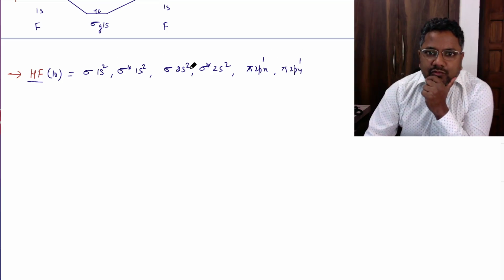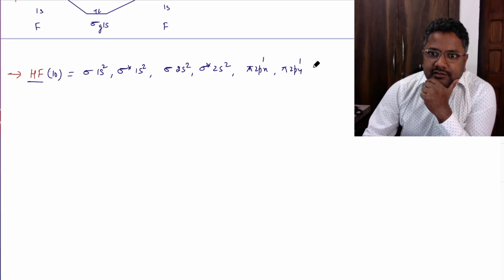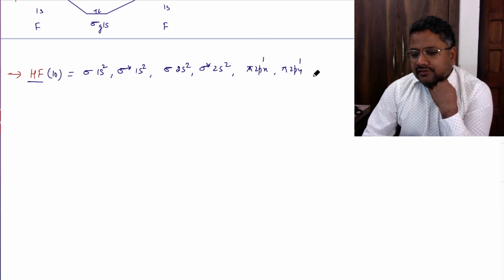So 2, 4, 6, 8, 10. So this is a total of 10 electrons.